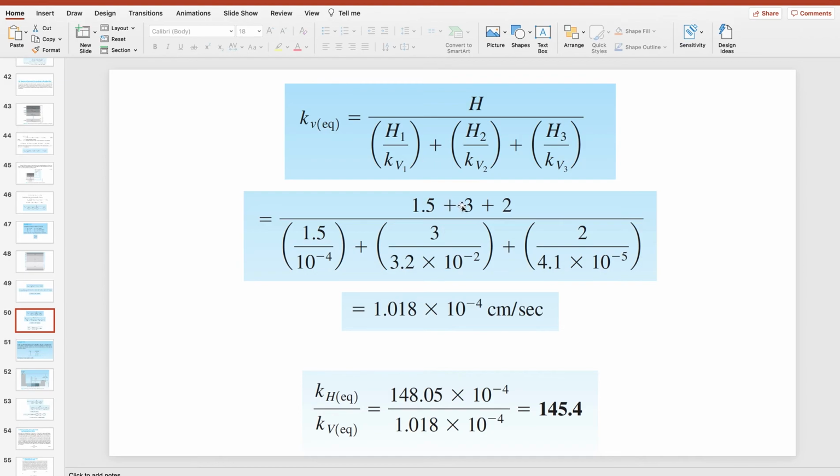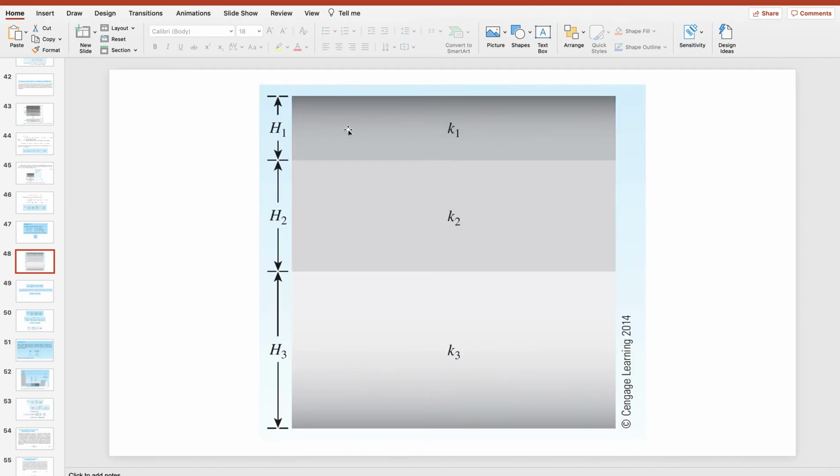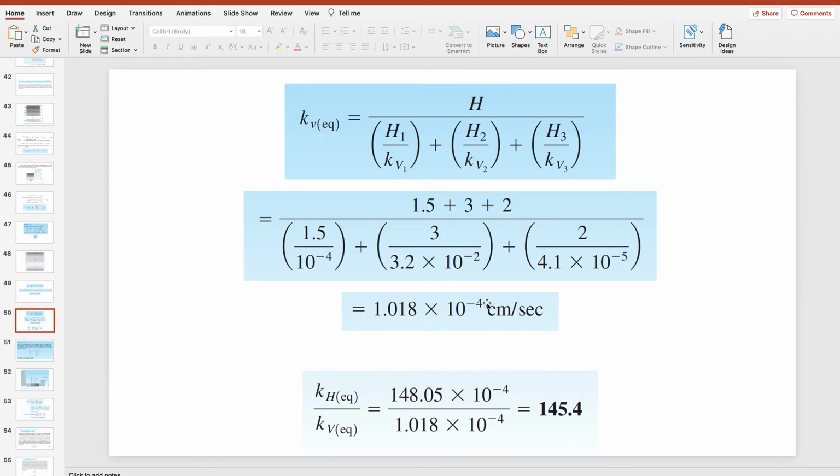So, 1.5 plus 3 plus 2, this is the total thickness. The thickness of one layer, which is 1.5 divided by K1, H2 divided by K2, H3 divided by K3, and get the summation. So, input that in your calculator. The K vertical is 1.018 times 10 raised to negative 4 centimeter per second.